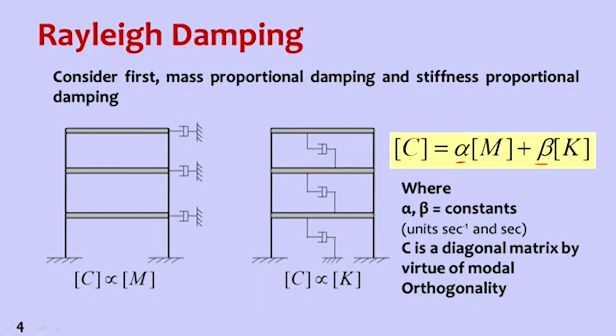If you match the units, alpha units must be per second and beta units must be in seconds, so that it matches with the damping. The C matrix can be made diagonal by virtue of modal orthogonality. If we apply the modal orthogonality principle, we can make it a diagonal matrix.